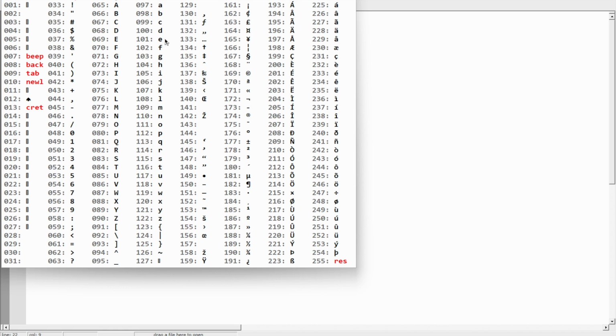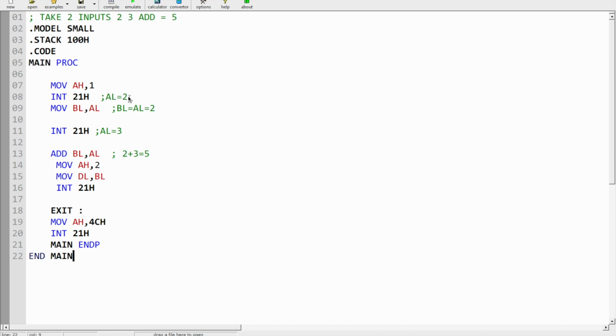Voila, it's E. The AL register is storing 50, not 2, and this one is storing 51 and not 3. So it's doing 50 plus 51, which equals 101, and so the output becomes E and not 5.